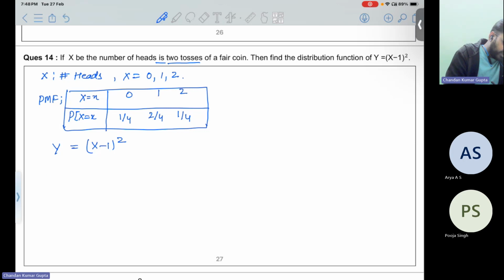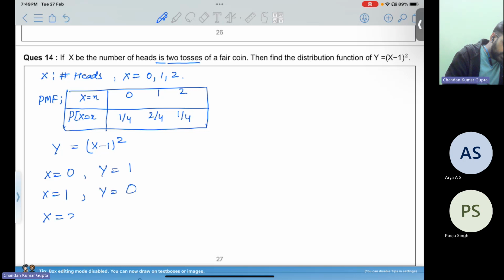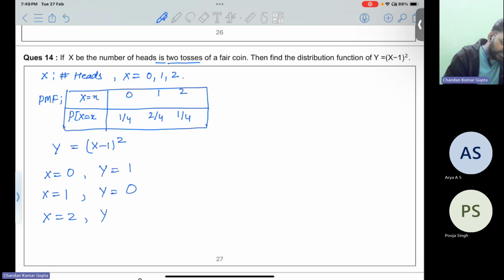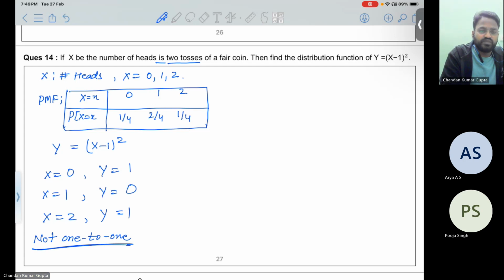Again, for x equals 0, y equals 1; x equals 1, y equals 0; x equals 2, y equals 1 again. So it is not a one-to-one function. So simply we will calculate the probability value for the different values of y.